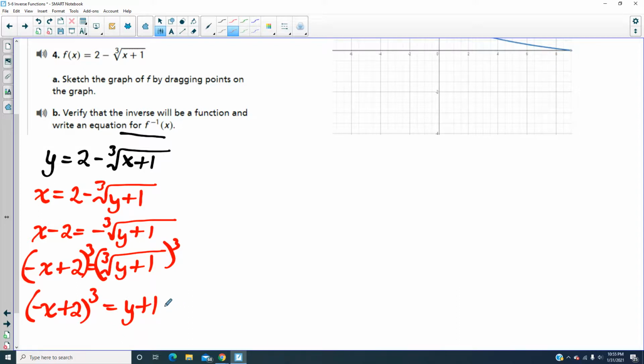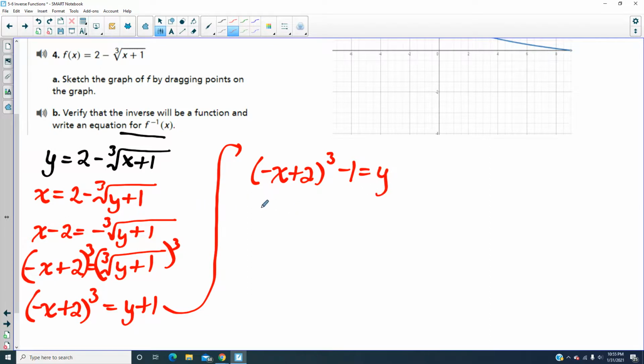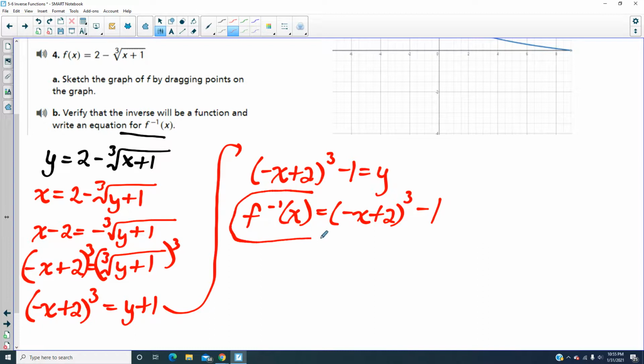And then I can subtract 1 on both sides to get negative x plus 2 cubed minus 1 equals y, which means that my inverse function is negative x plus 2 cubed minus 1. And I'm not going to cube out that binomial because that would be a lot of multiplication, so I'm just going to leave it the way that it is.